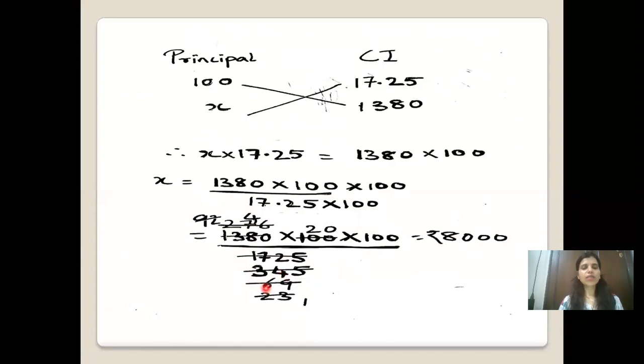So 5 6s are 30, 5 9s are 45, 5 2s are 10, 3 carry over, 5 7s are 35, 3 carry over, 5 6s are 30. Now you can see I have got 276 and 69.